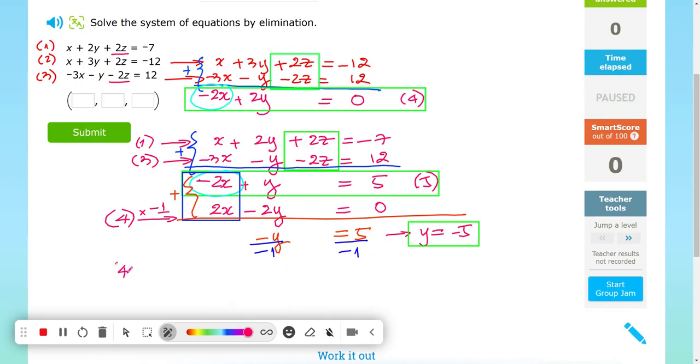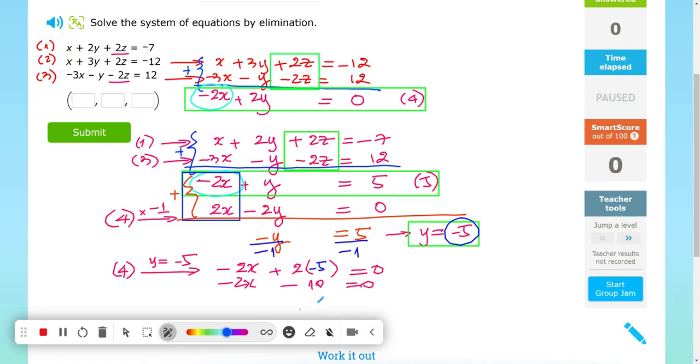Okay, here we go. Equation number 4, I substitute y equals negative 5. So in equation number 4, I got negative 2x plus 2y equals 0. And then the y, I should substitute as negative 5. So I put negative 5 here. Okay, so here we go. I come out with negative 2x subtract 10 equals 0.